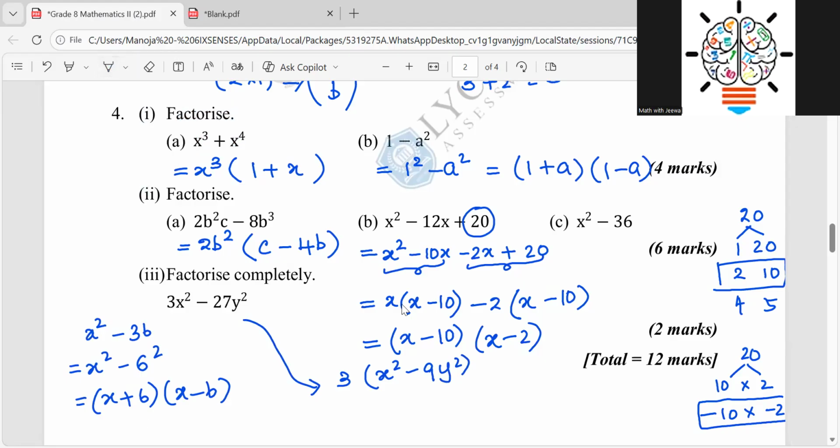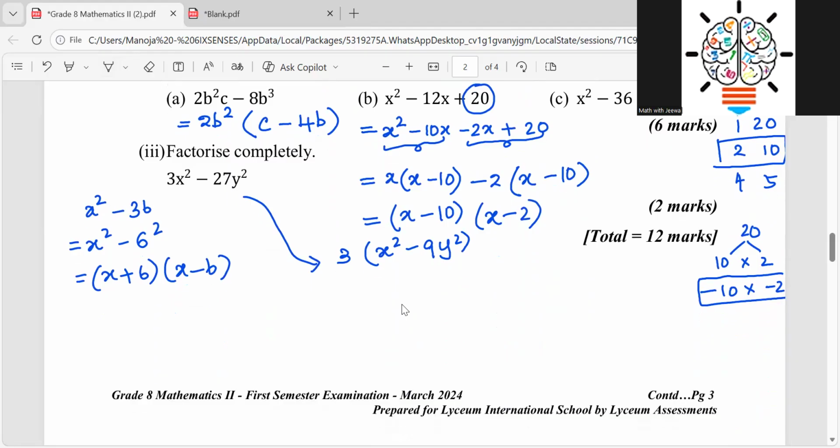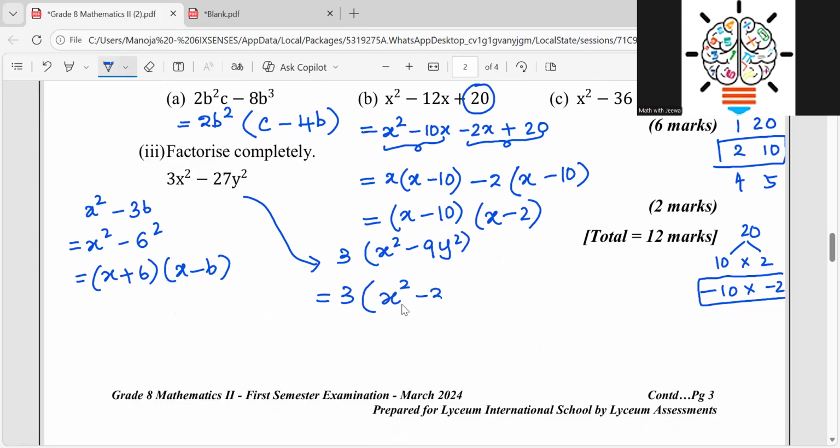So then you want to show the steps carefully. Then I write the next step, 3 and x squared minus 3 squared y squared. Then I write 3 and I open the bracket and I write x plus 3y and then open the other bracket x minus 3y and then close the bracket.